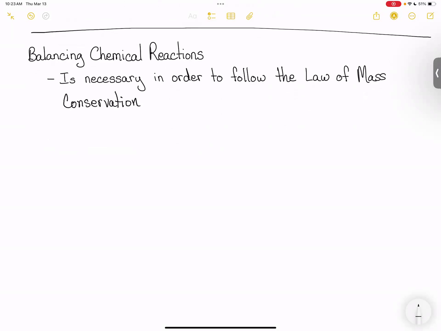Again, this law of mass conservation says that matter or mass cannot be created, nor can it be destroyed. Therefore, if you start with sodium, you got to end with sodium. If you start with 2 sodiums, you got to end with 2 sodiums because they carry their own mass with them.